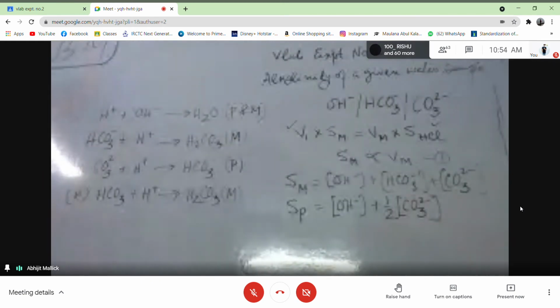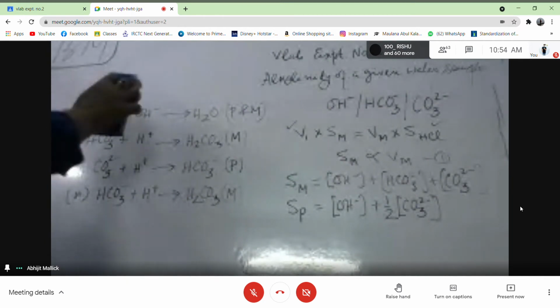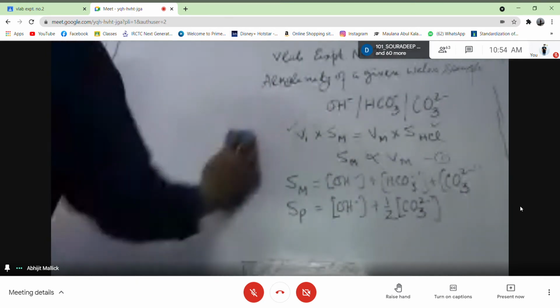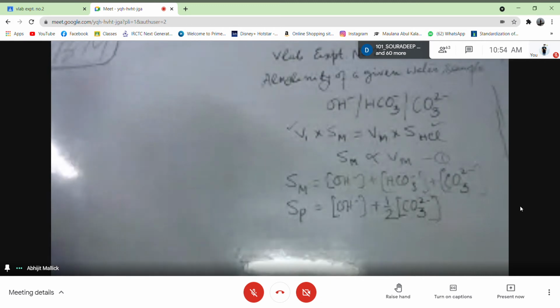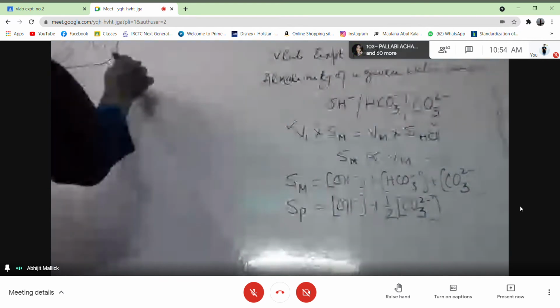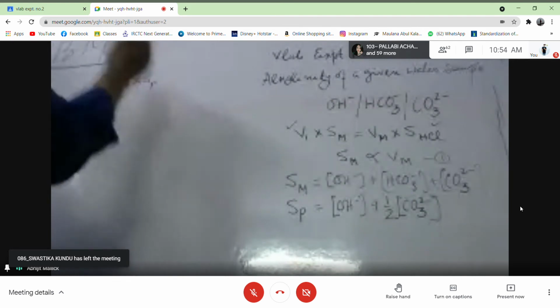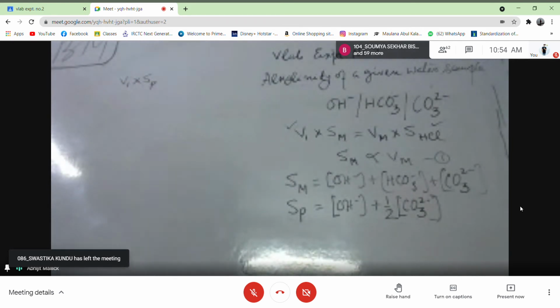Now I am erasing the reactions, it is not required now. So here, this is for table 3. In case of table 2, what will happen? This is V1 into SP. SP means strength of water sample using phenolphthalein indicator.